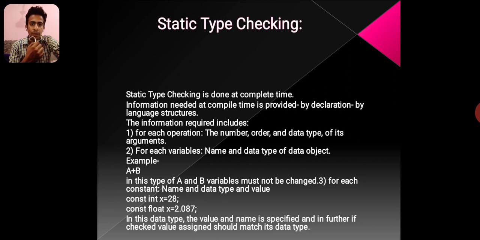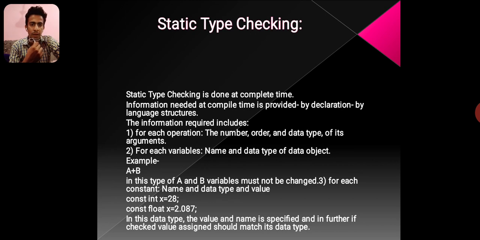Number 2, for each variable, the name and data type of the data object, for example a plus b.